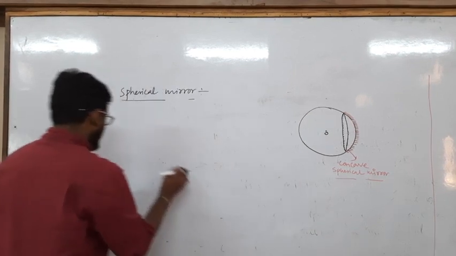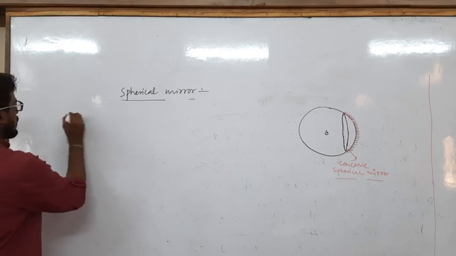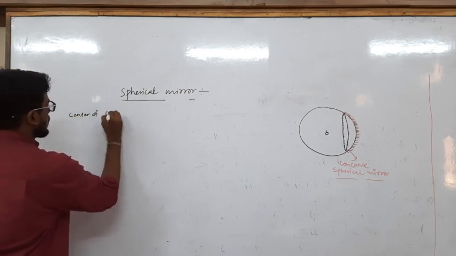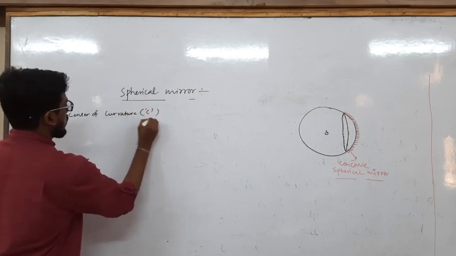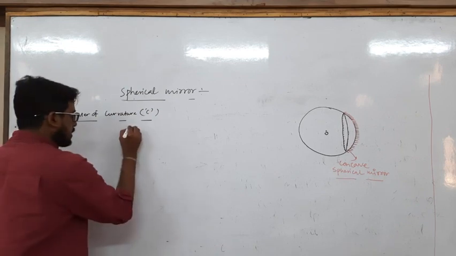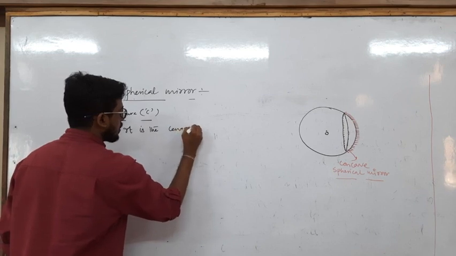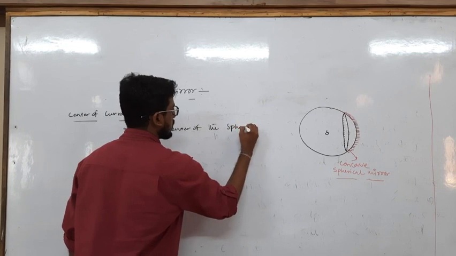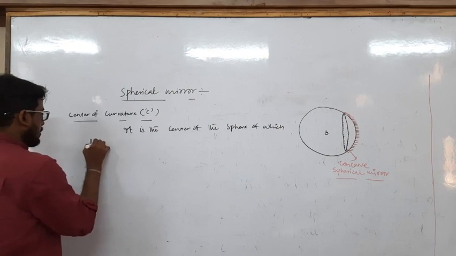Regarding this, there are some terms we have to study. First one, center of curvature, denoted by C. What is the center of curvature? It is the center of the sphere of which the spherical mirror is a part.